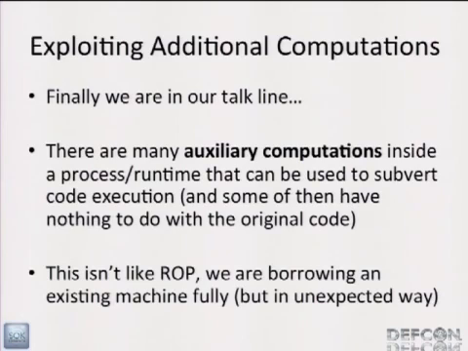They're all just standing there waiting for something to do, or doing their work when setting up or when shutting down. And you've got all of this auxiliary computation that's driven by normal metadata, by normal ELF sections. You don't even have to keep them malformed. You can just put the bytecode that is not expected in there and have your way with it.